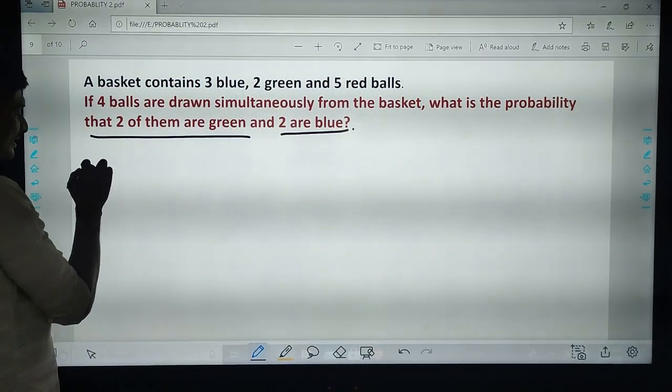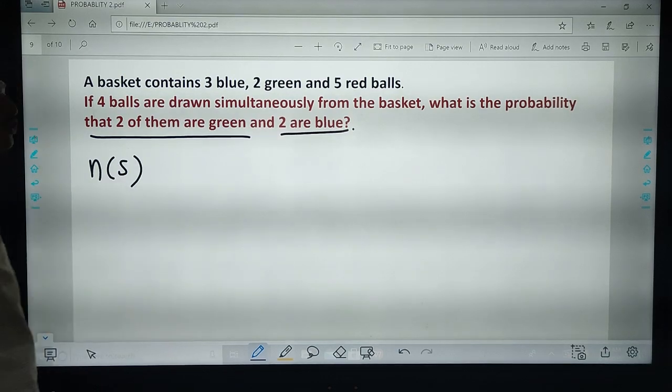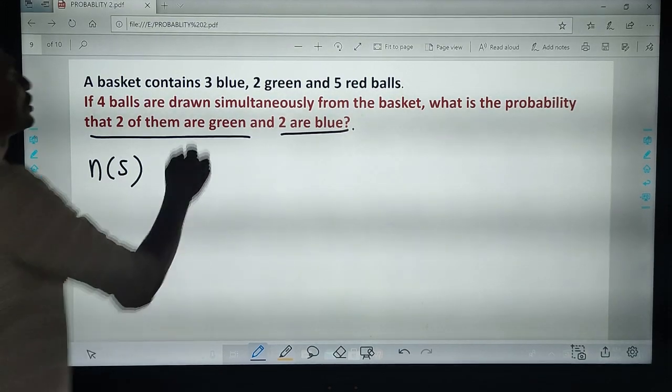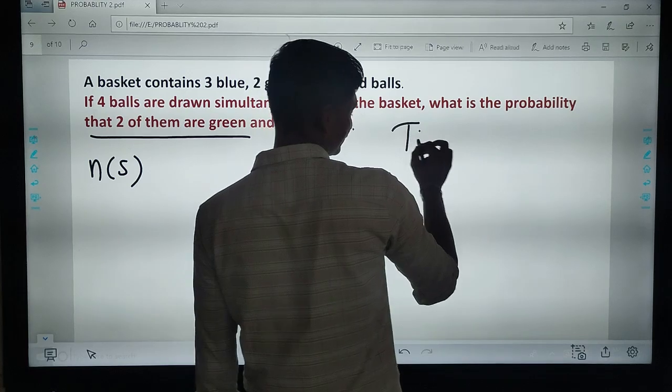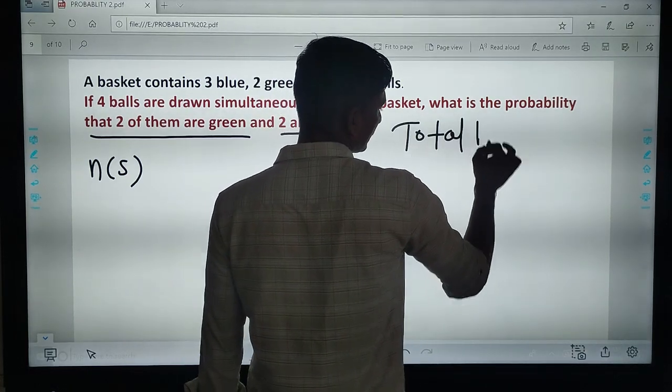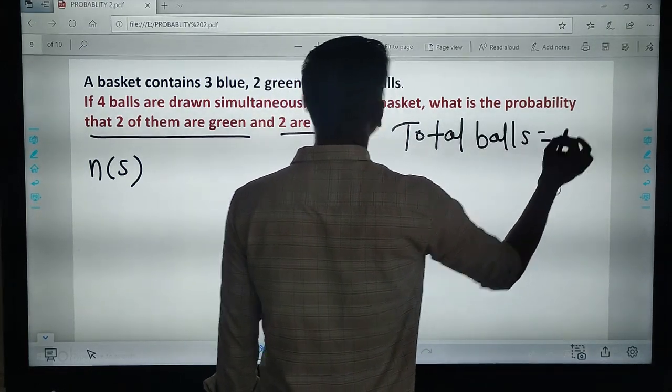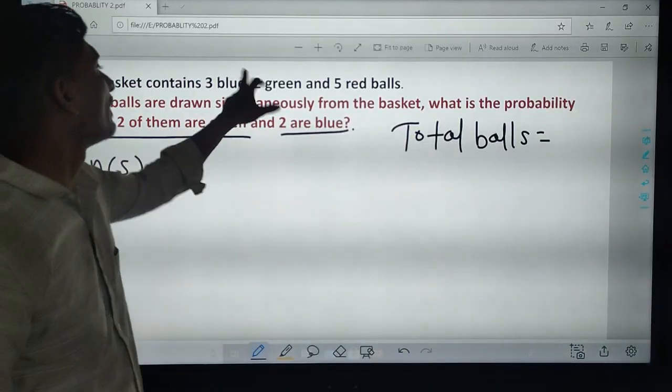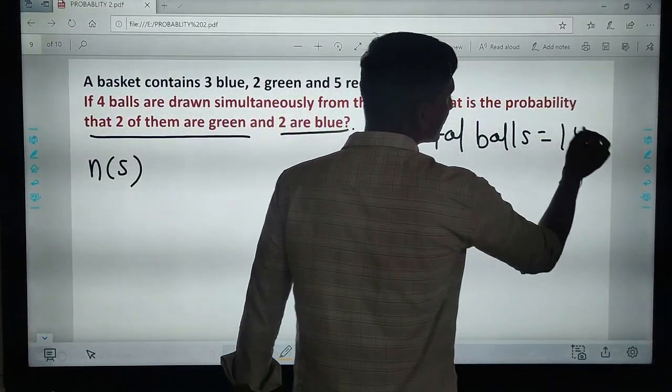Then we first find n of S. There are 4 balls drawn from the total balls: 3 plus 2, 5 plus 5, 10. Total balls are 10.